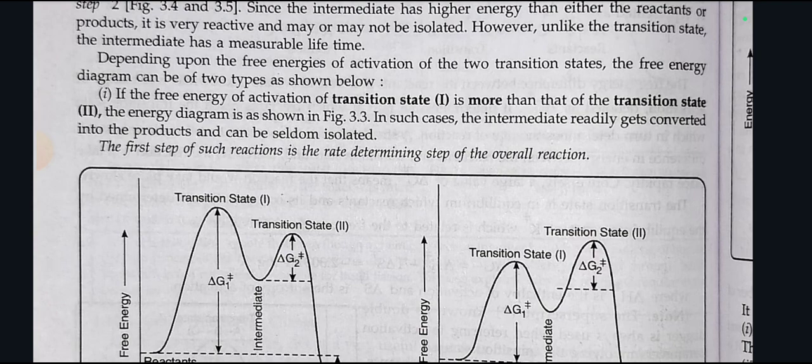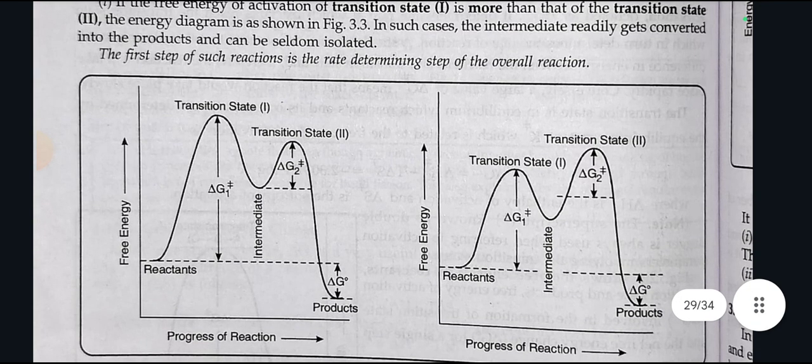Depending upon the free energies of activation of the two transition states, the free energy diagrams can be of two types, as shown below. First, if the free energy of activation of transition state 1 is more than that of transition state 2, the energy diagram is as shown in figure 3.3. In such cases, the intermediate readily gets converted into the product and can seldom be isolated.